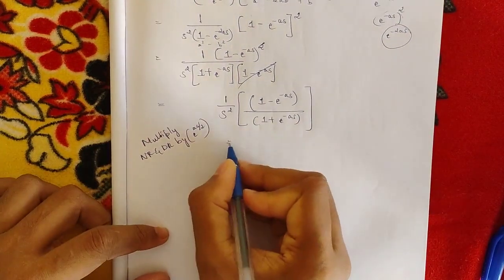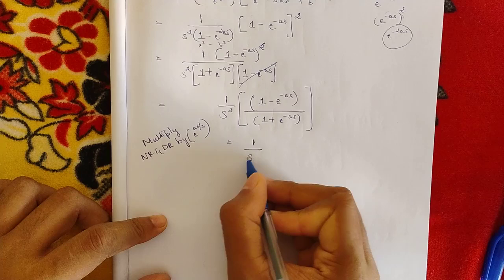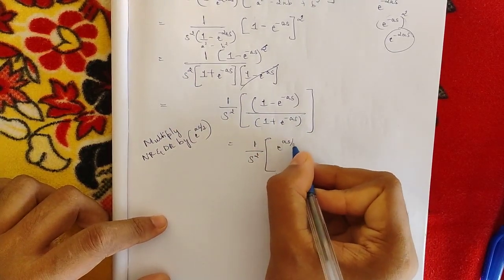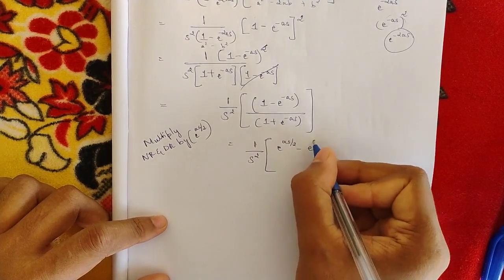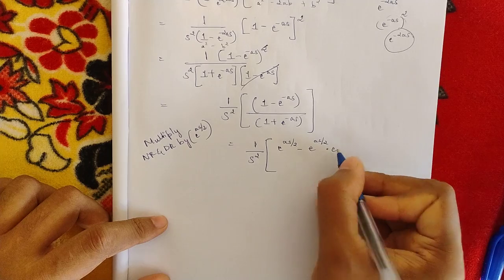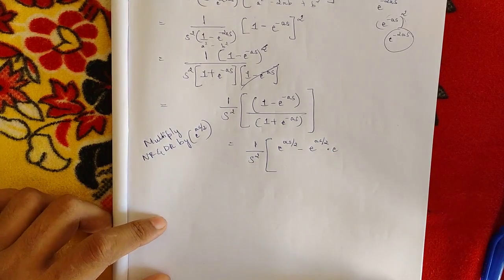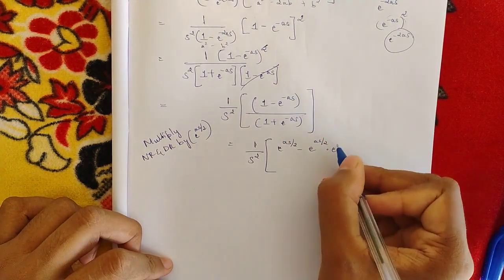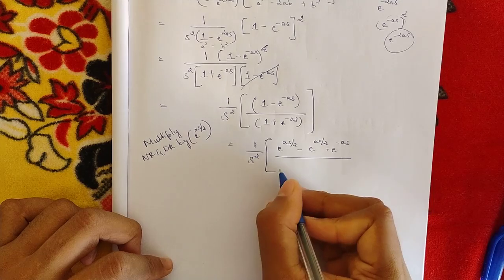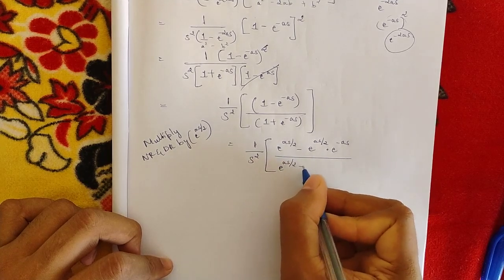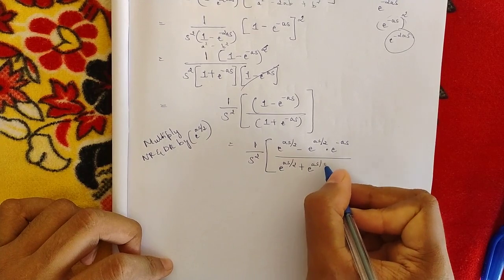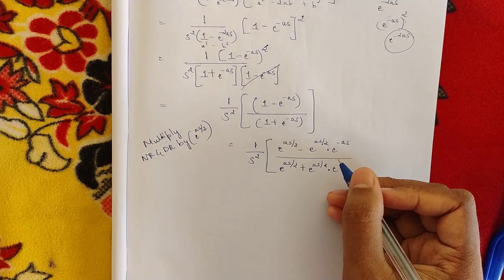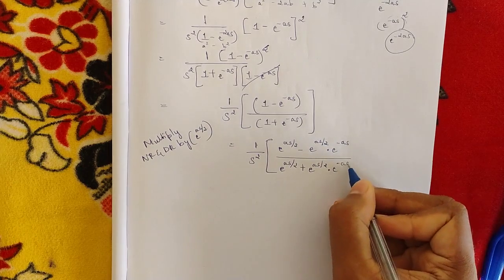Let's do that. 1 by s square into e to the power as by 2 minus e to the power as by 2 into e to the power minus as, divided by e to the power as by 2 plus e to the power as by 2 into e to the power minus as.